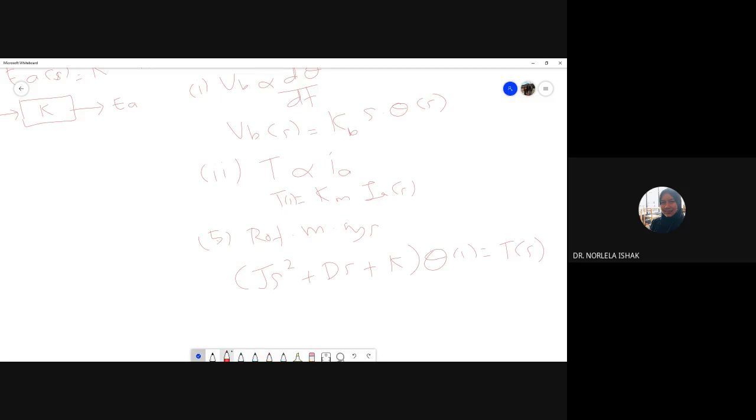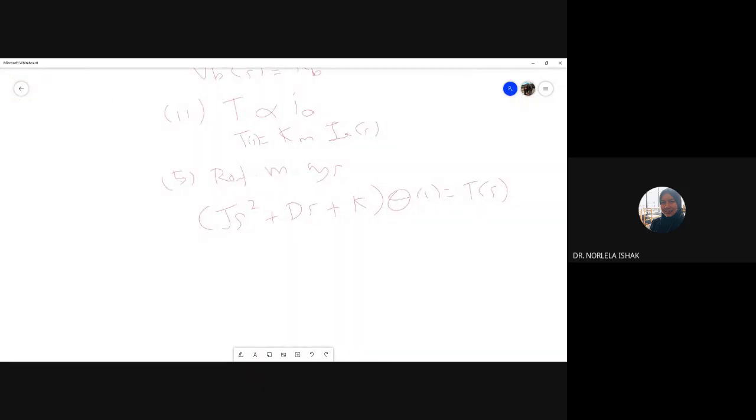So you have to rearrange this equation to get output equal to gain multiplied with the input. Is torque the input or output? Torque is the applied torque into the rotational mechanical system, so torque is your input. Yes, good. So from there, theta equals 1 over Js squared plus Ds plus K, and then you multiply with your input.